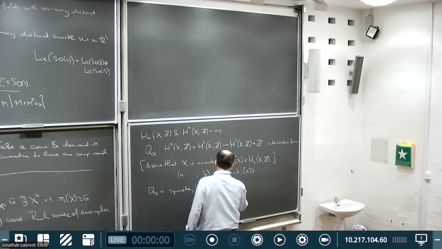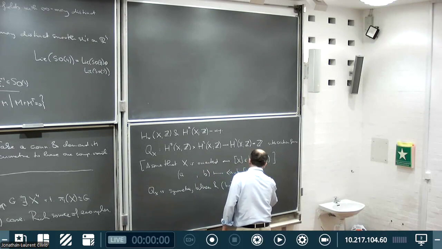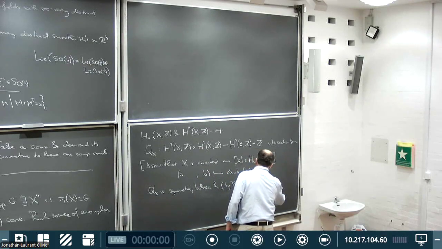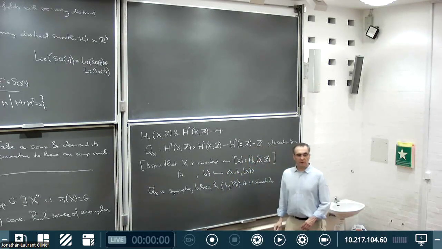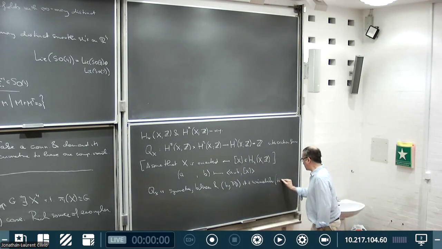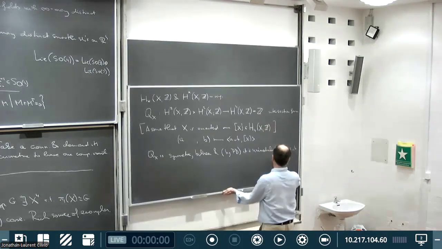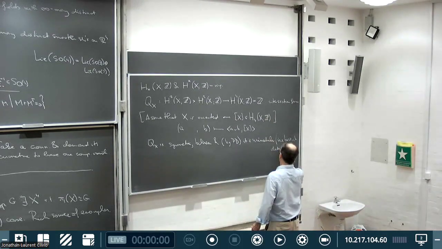And by Poincaré duality, it is unimodular, which just means in the simplest terms that in a basis its determinant is plus or minus 1.